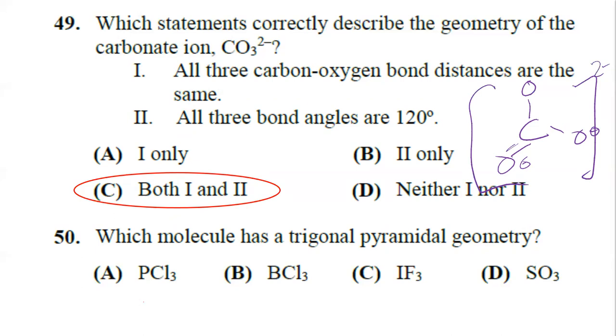Let's look at our next one. Which of these has the trigonal pyramidal geometry? What I would do is translate this into how many electron groups, and then split up your electron groups into how many atoms attached versus how many lone pairs.